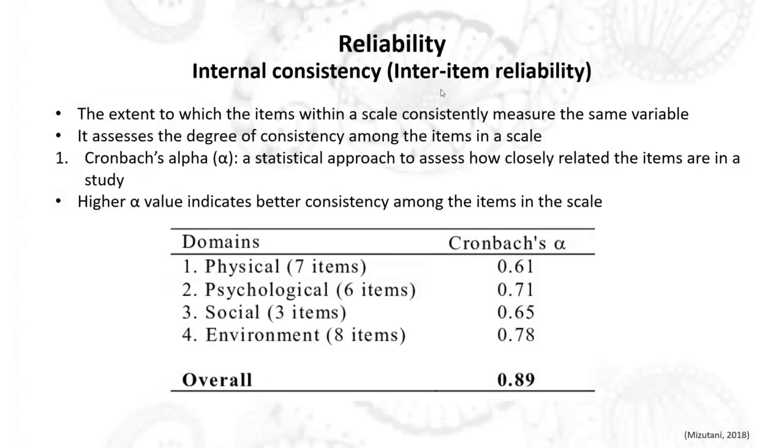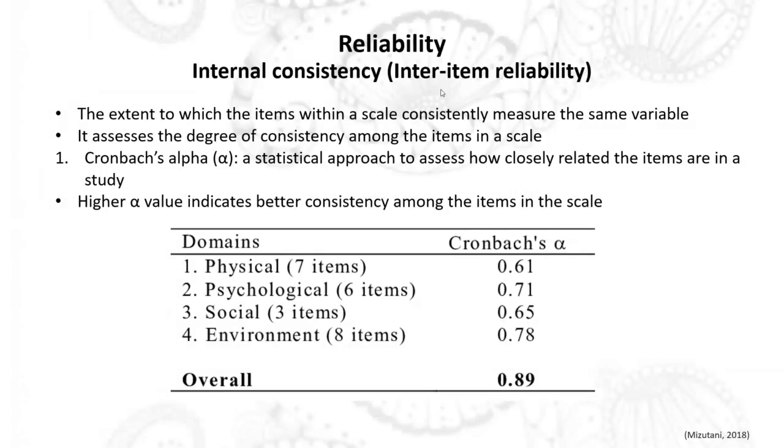If I do test-retest reliability or parallel form, I only know whether these 10 items or the rating scales are clear and appropriate enough to allow the participants to repeat the same test with the same answer. But what I don't know is whether these 10 questions are related to each other.